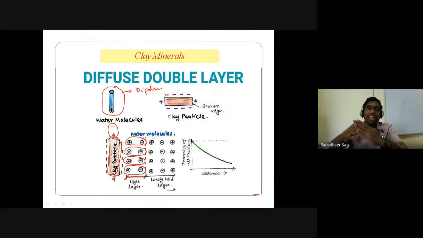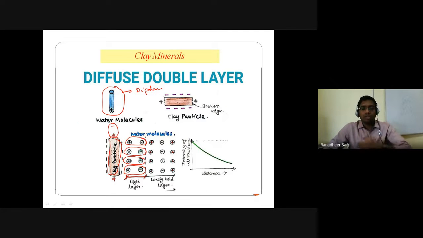So that rigid or strong layer of water getting accumulated on the surface of your clay particle is what we call adsorbed water.